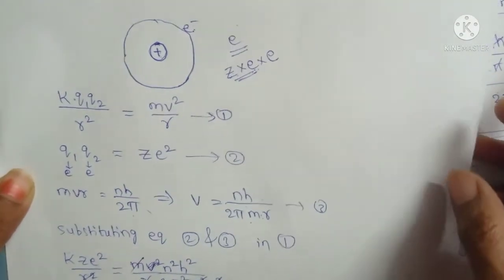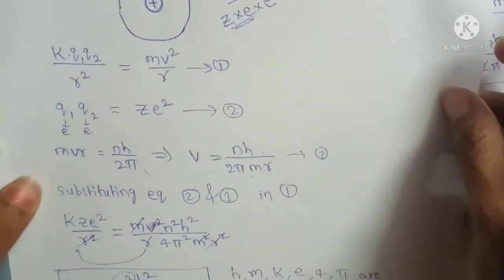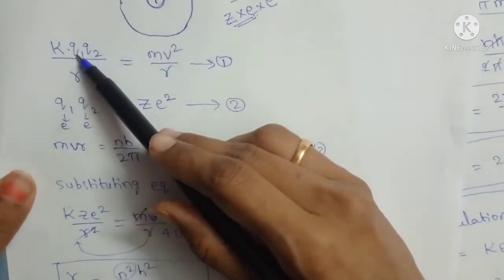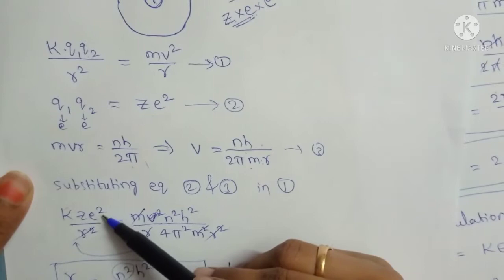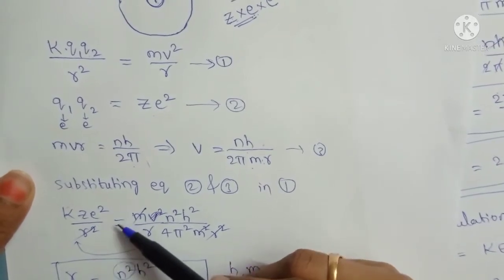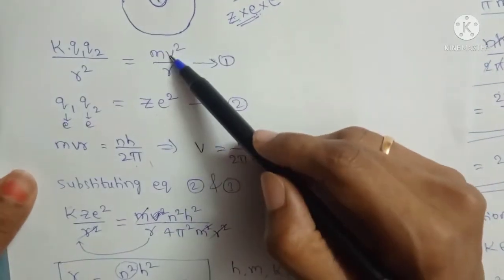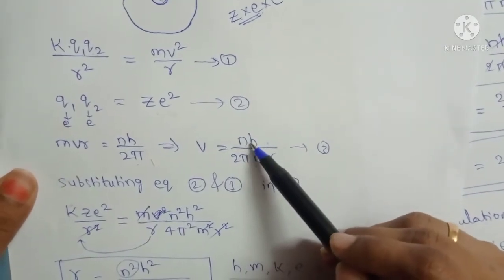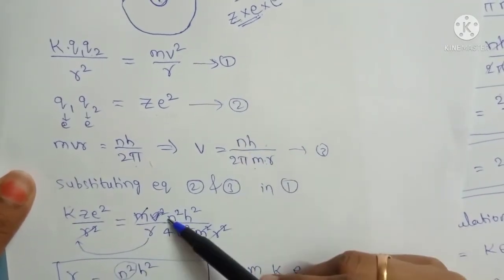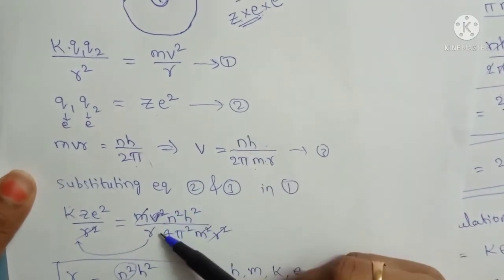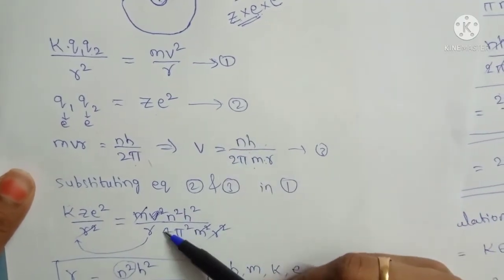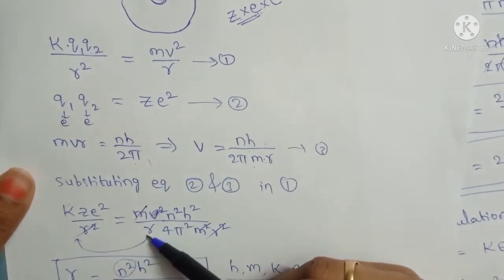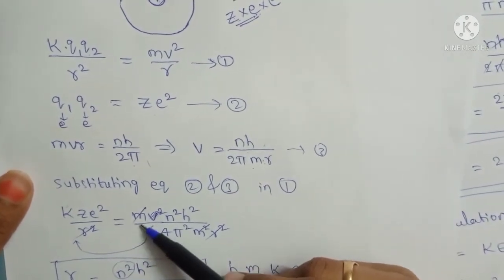By substituting the second and third equations into the first equation, we get k Z e square by r square equals m v square by r. In place of velocity we write n h by 2 pi m r, so the square becomes n square h square by 4 pi square m square r square.